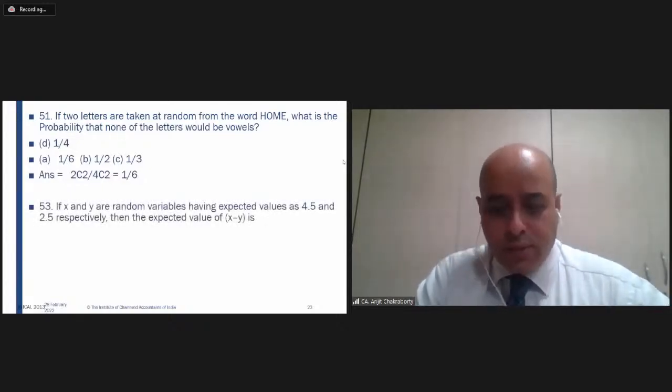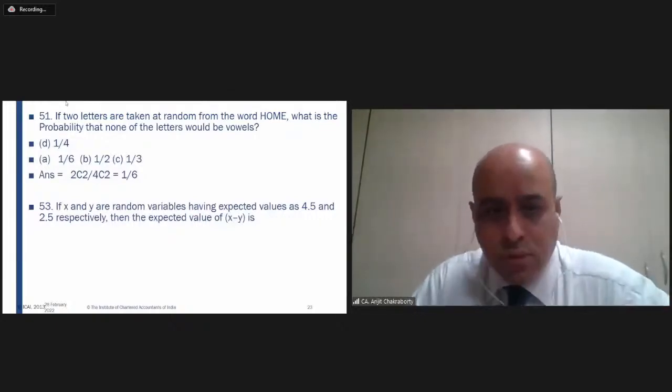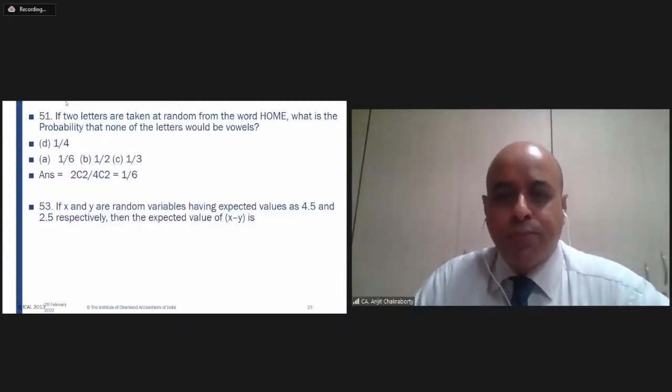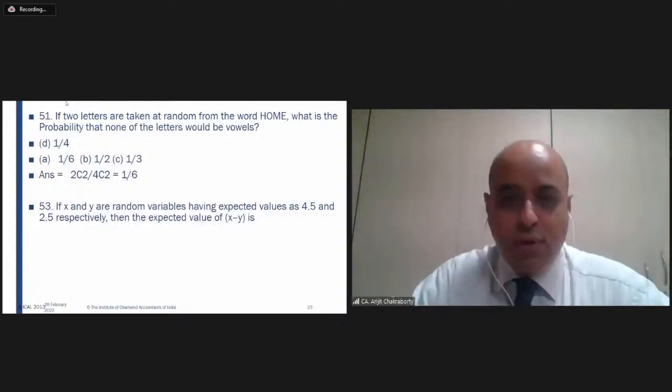Okay. Now let us take the next question. Again, a question based on a particular formula which we have already done in the theory part. The question is, if X and Y are random variables having expected values 4.5 and 2.5, then what is the expected value of X minus Y? We have done the direct formula. You remember I was drawing your kind attention to that.